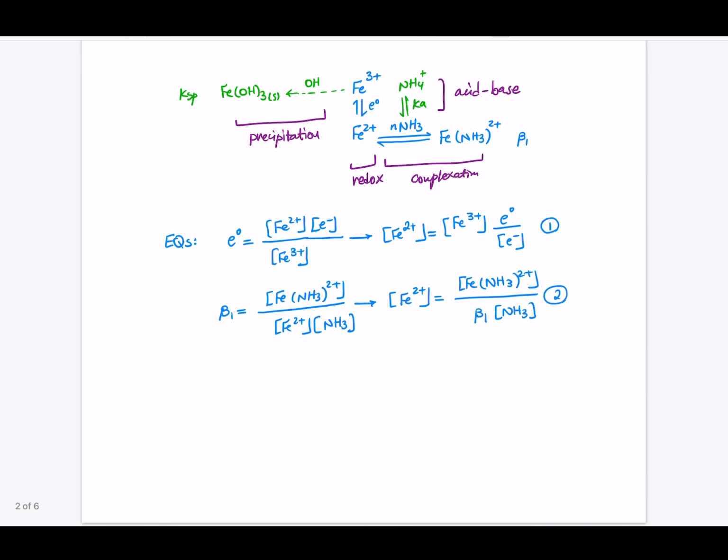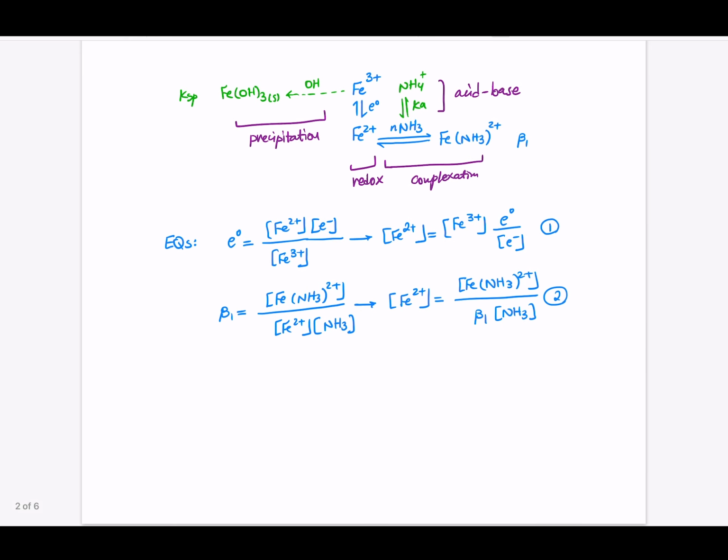But we need to convert everything to have something on the right side as Fe3+.